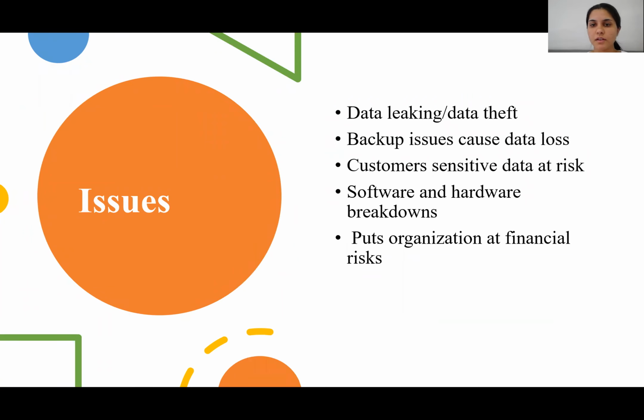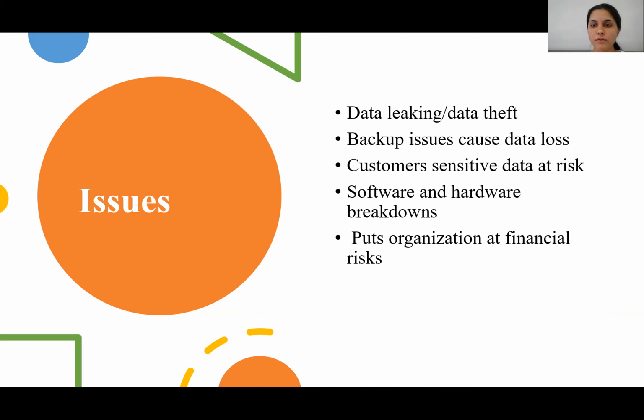Issues faced due to shadow IT are data stealing or data theft, which can include sensitive data of an organization or personal information of customers. Backup issues are also a problem, because many of the software applications do not have backup plans or storage for backups, which can cause loss of an organization's data, and customer data is put at risk with the use of that software.